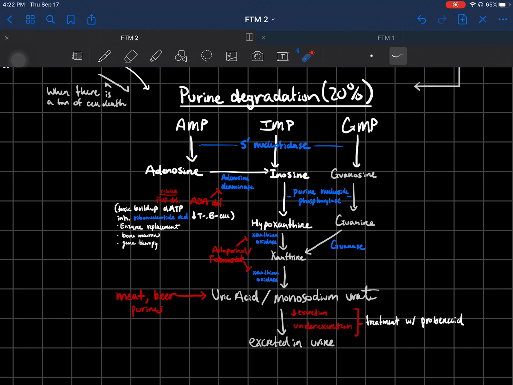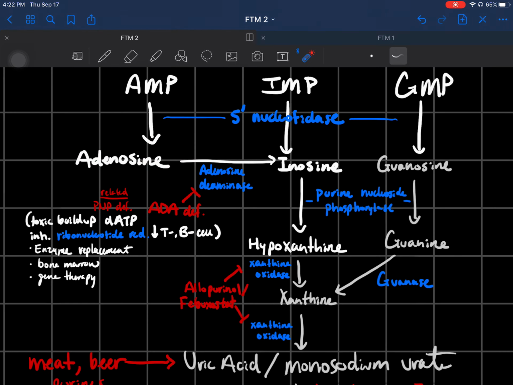Okay, so here we have the three different purines, and you're going to use this enzyme. It's going to be called 5' nucleotidase, right? And that's going to convert it down to its base. And when you get to adenosine, it's actually going to be deaminated into inosine before it can be broken down further.